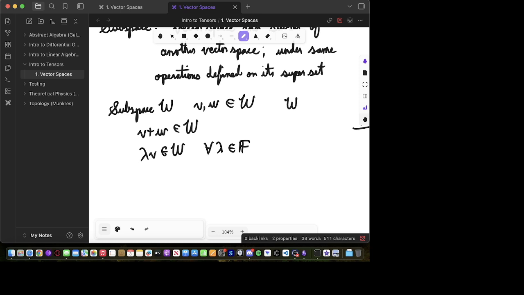And we're considering that W is a subset of some vector space V over a field F. So that's a bit about subspaces.